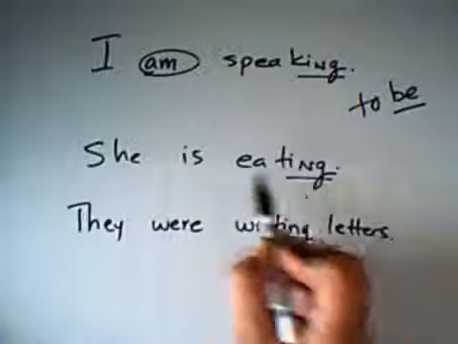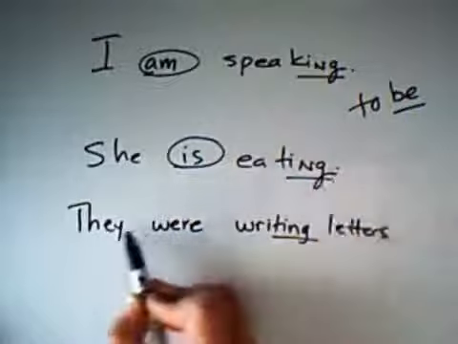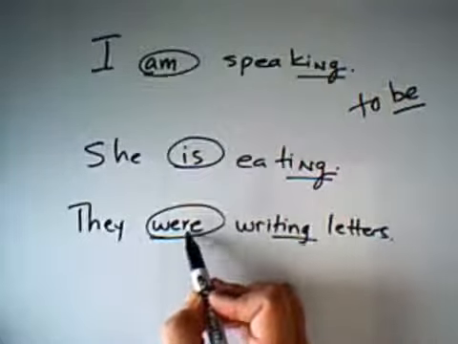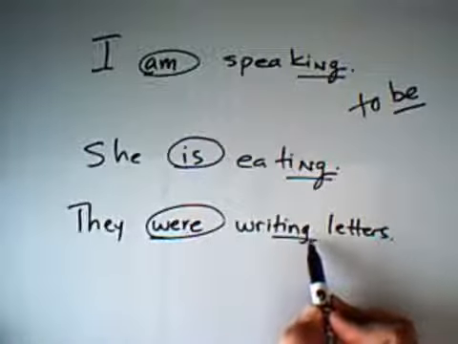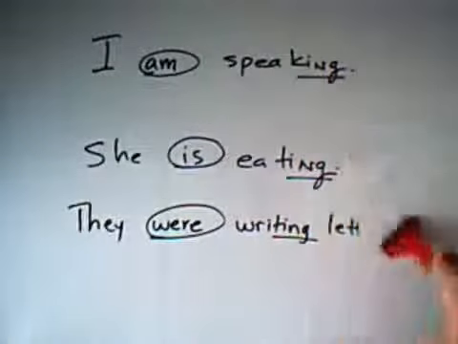She is eating, a form of the verb to be, is, with the present participle eating. And they were writing letters, in the past here, the past tense of the verb to be, and then the present participle. Okay, and I'm going to show you how we could render all of these in Spanish. It's very similar. Okay, nothing to worry about.